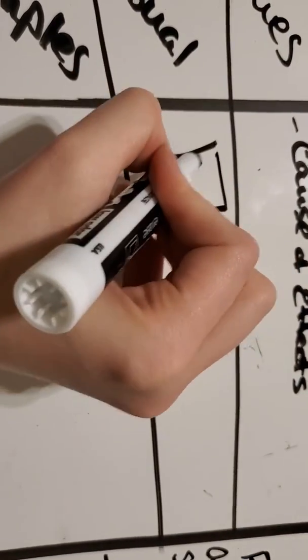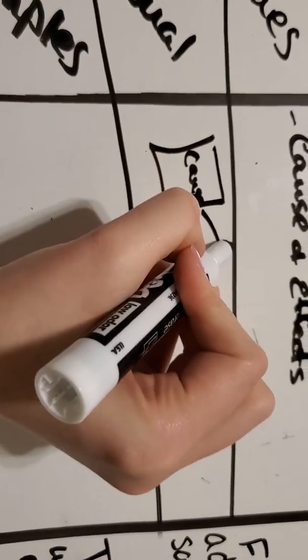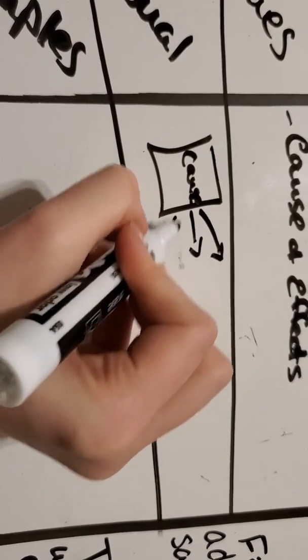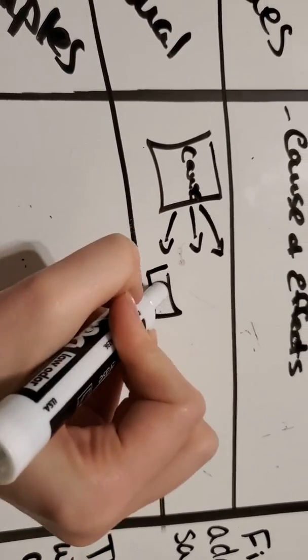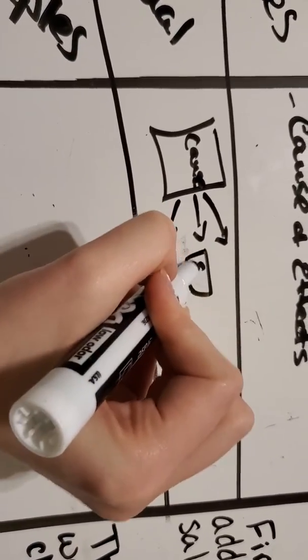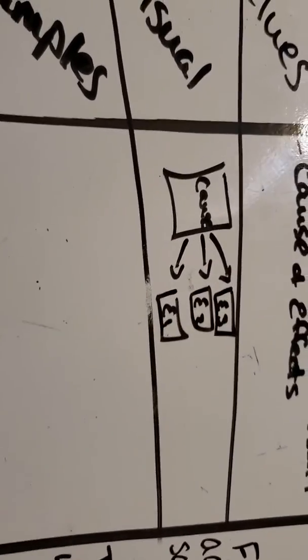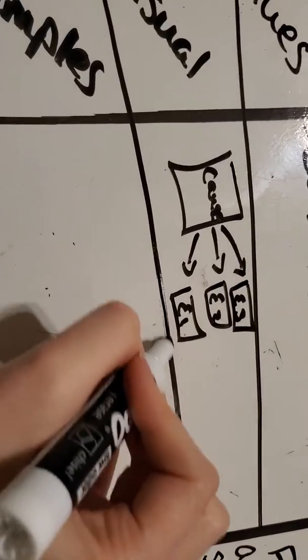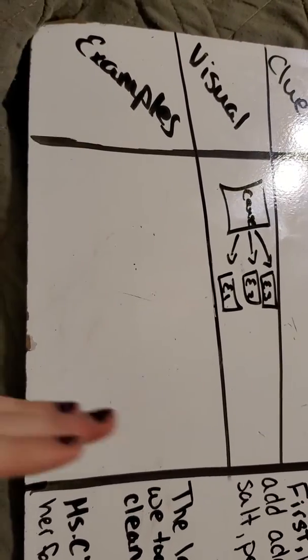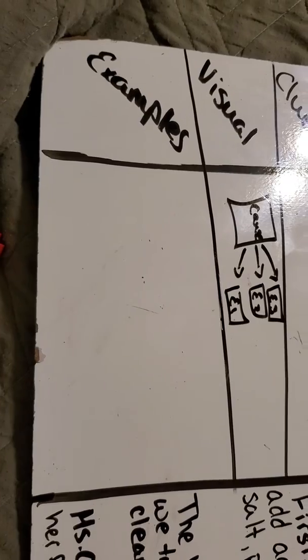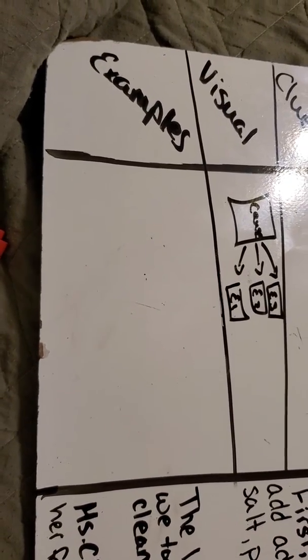Your visual, this is your cause. These are your effects. Effect 1, effect 2, effect 3. So cause and effects. And then think back to that story. Do you guys remember the lady that walked into Hastings, and when she was walking in, she pooped her pants and it fell out of her pants leg.